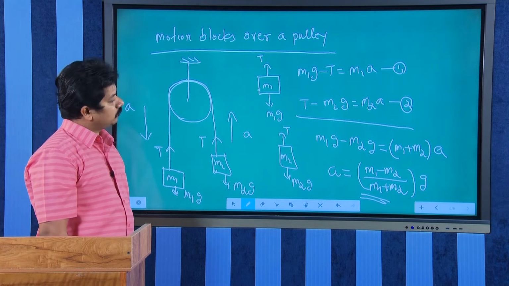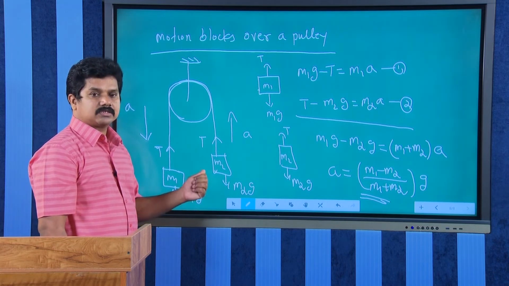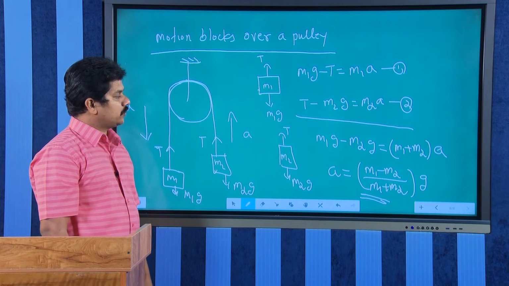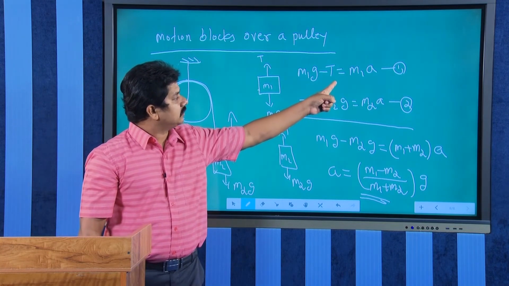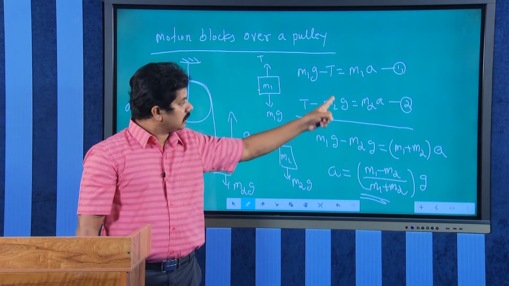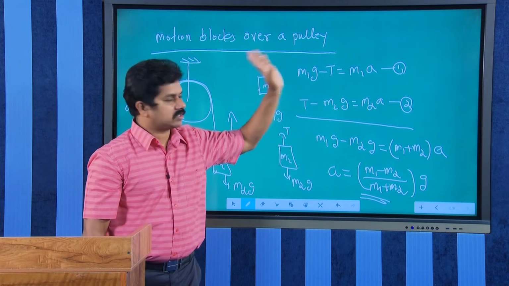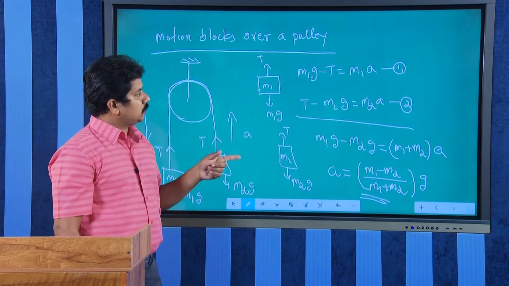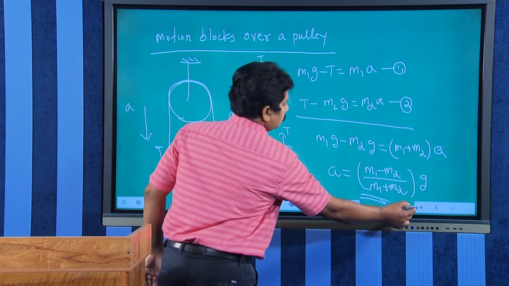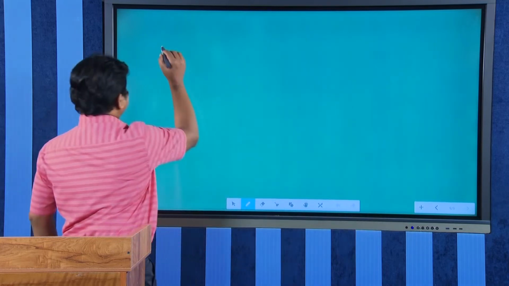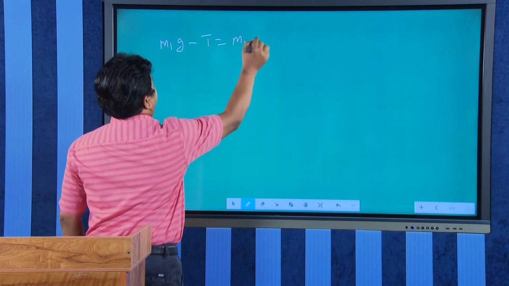Okay. Now, we can find the tension in the string. How do we find the tension in the string? We have this relation, right, either equation 1 or 2 we can use, substitute the value of acceleration in this. So, we can use equation 1. m1g minus T equal to m1a.